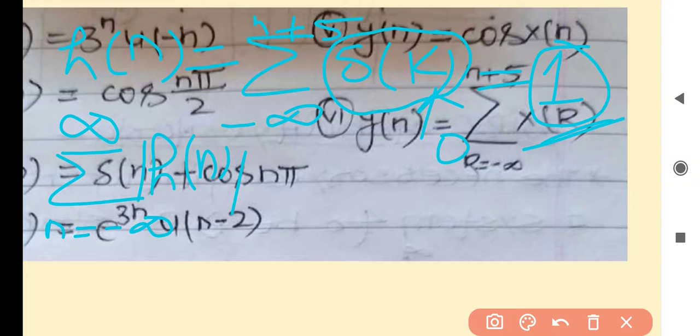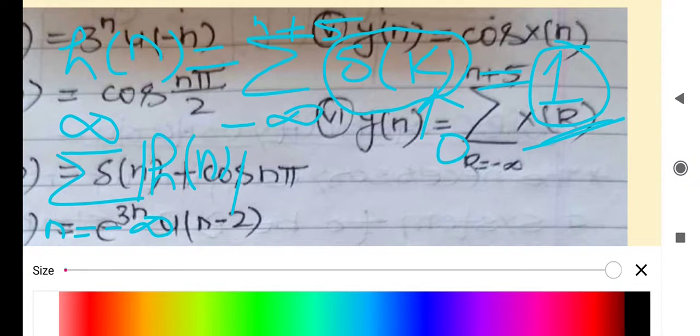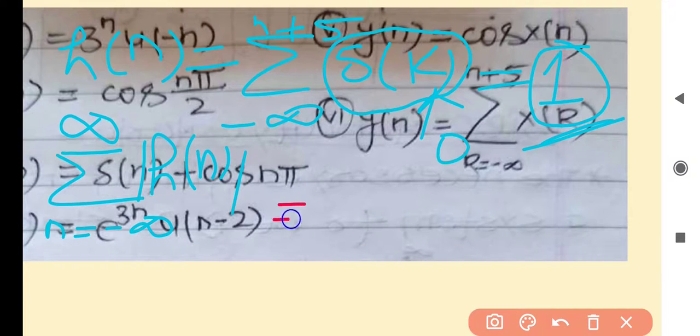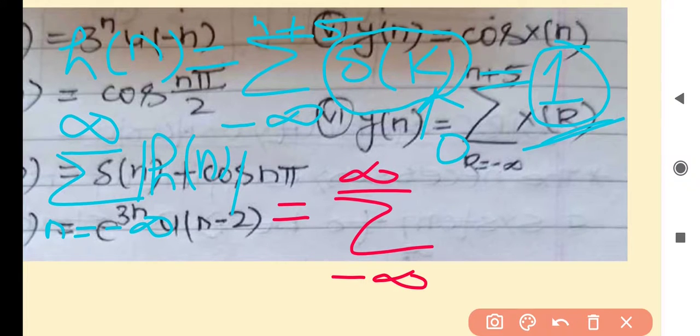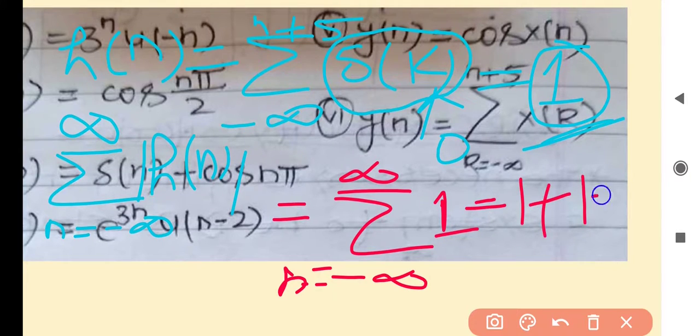It means that we have to take the summation of h[n] from minus infinite to plus infinite. h[n] is 1, and we have to put n equal to minus infinite to plus infinite. So we have to take the summation of 1 an infinite number of times, 1 plus 1 plus 1.